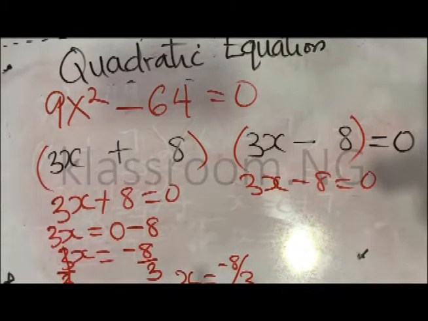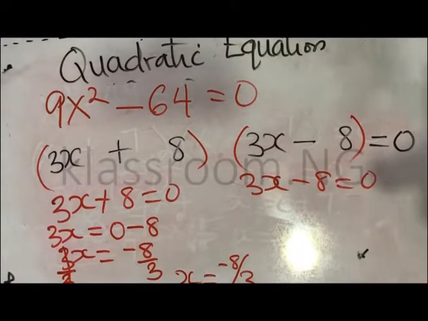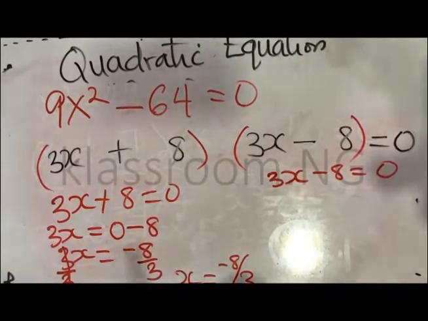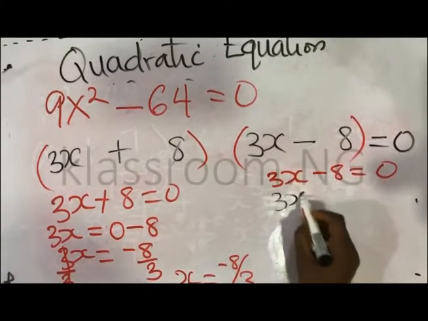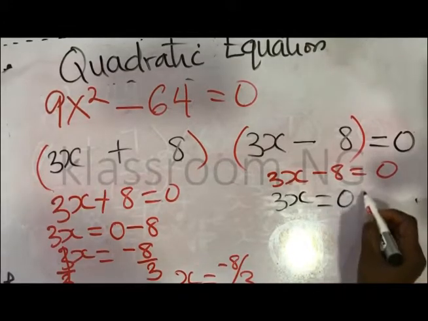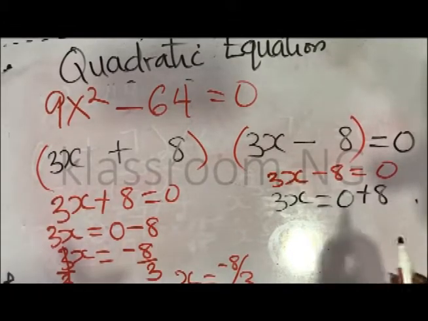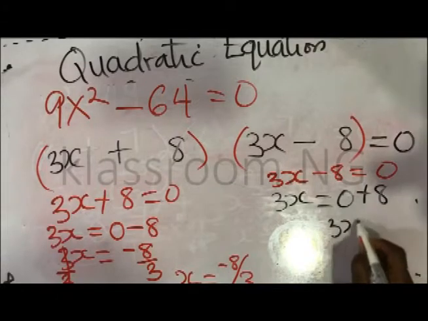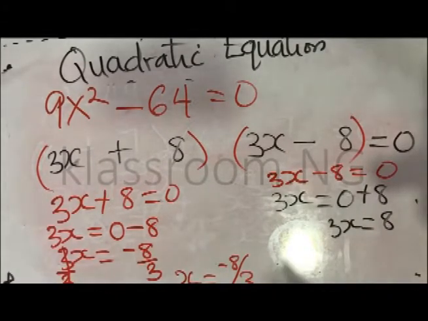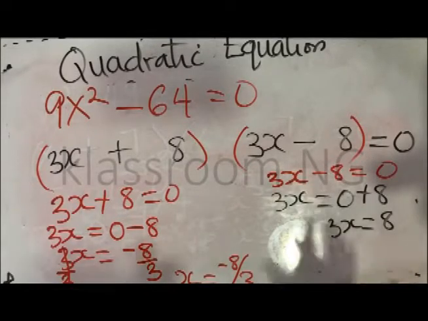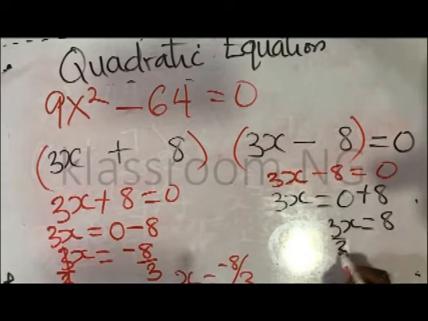So now we solve the other one. So we have 3x minus 8 equals 0. So we're going to have 3x equal 8, 0 plus 8, leaving us with 3x equal 8. Now remember, we need x, not 3x. So we're going to divide both sides by 3.